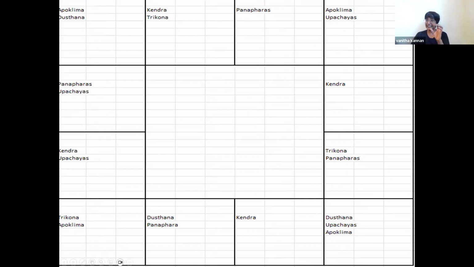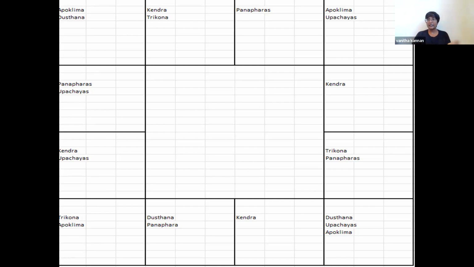Let me look at the apoklima. Apoklima and upachaya is an interesting combination. The third house becomes your upachaya as well as the apoklima. That means the auspicious level will be very low. This is the point I mentioned in the beginning. Because of the apoklima, taking the child and education as an example, it may be anything in your life, your wealth or health.